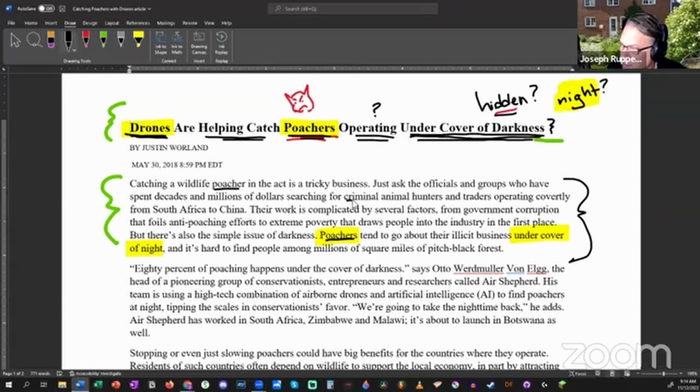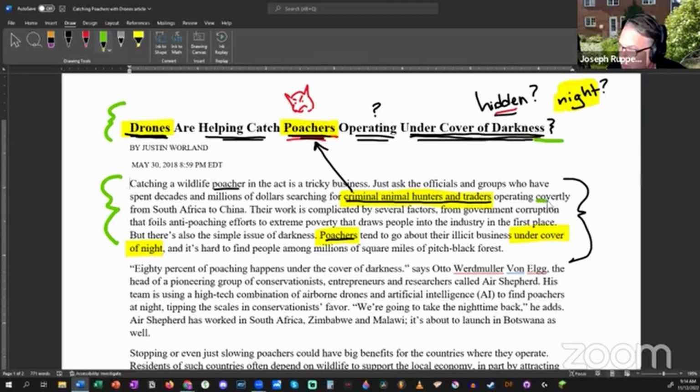Okay, here's another way to express it: criminal animal hunters and traders. I take this as another way of just saying poachers. So again, it's a good definition of a poacher. Operating covertly. There's some vocabulary in here I want to look at.